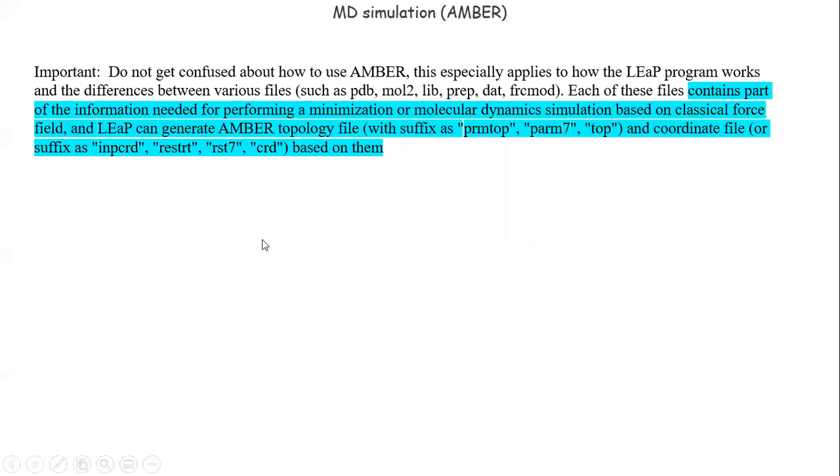An important thing so that you do not get confused about how to use Amber, especially how the Leap program works, is a simple way to think about these files: PDB, mol2, leap, prep, and the RC file. They all contain part of the information that you need for performing the main MD, which contains minimization, equilibration, and the production run based on these classic force fields that care about bonds, angles, and so on.